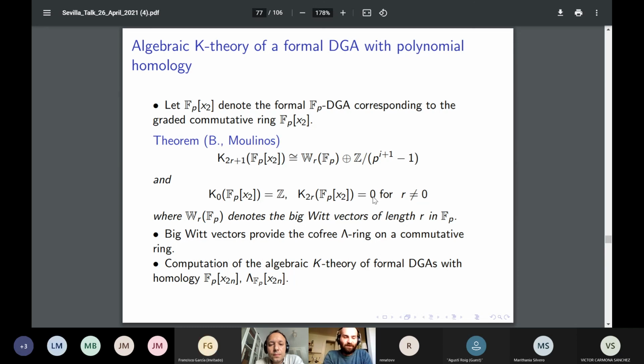That's part of my ongoing work to generalize these results to formal DGAs with various homology rings.